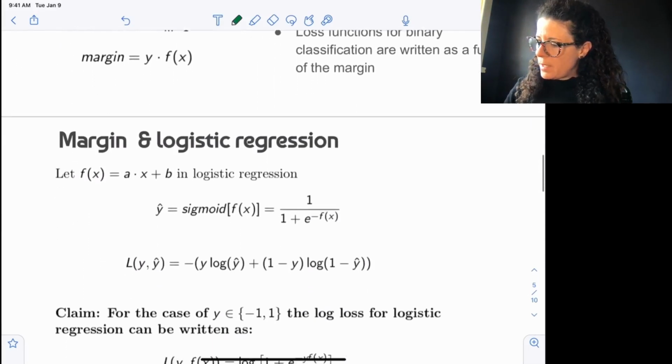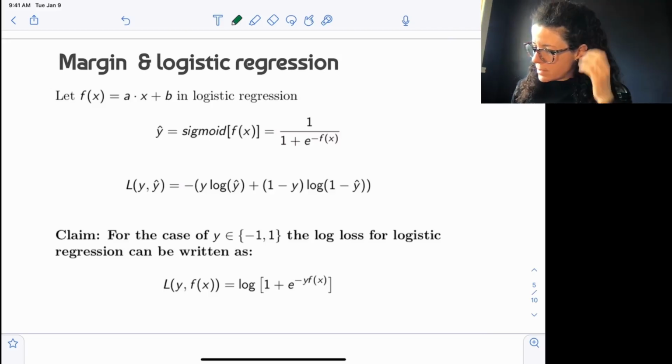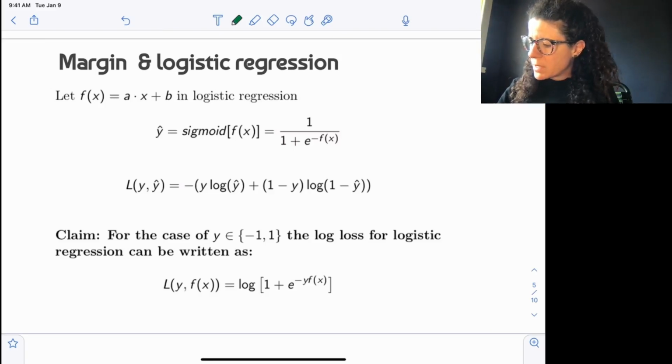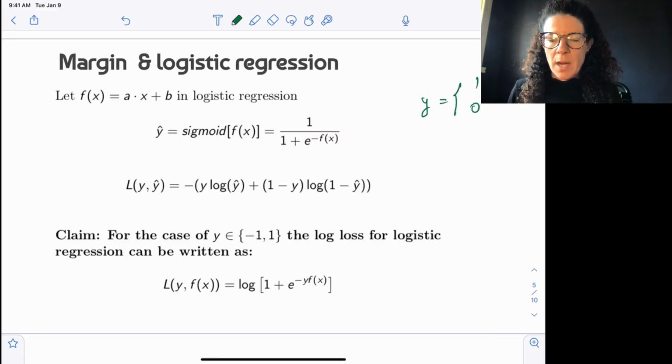You are probably asking yourself, well, we don't write the loss function, say for logistic regression, the log loss, in terms of the margin, right? We usually write logistic regression for the case in which y is either 1 or 0. You haven't seen this written when y is -1 and +1.